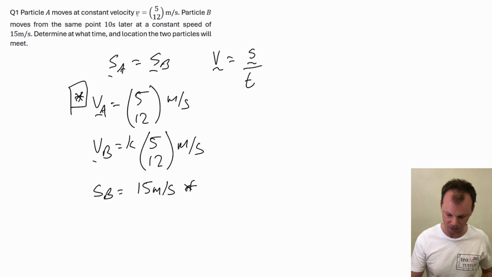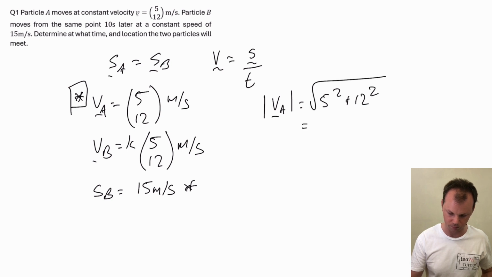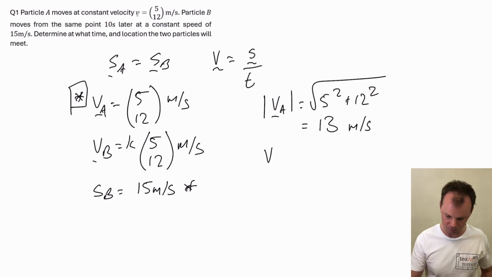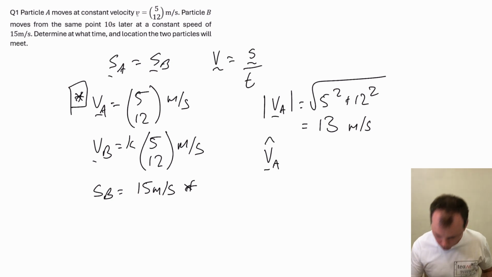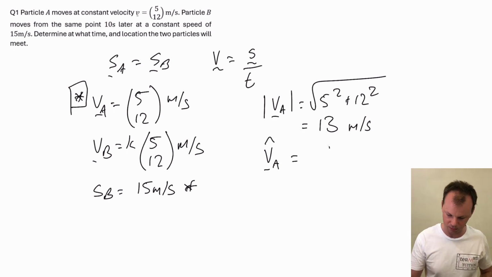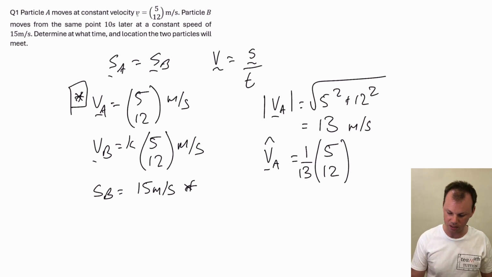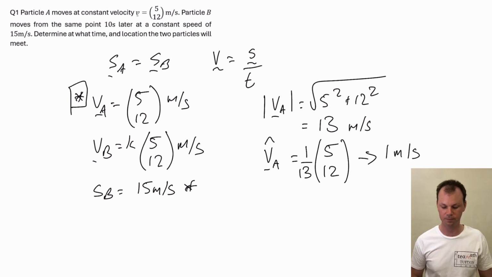So we need to find the magnitude of VA. Okay, that's 13 meters per second. So the unit vector is just our velocity of A divided by the magnitude. Okay, so this is going 1 meter per second in the direction of A.